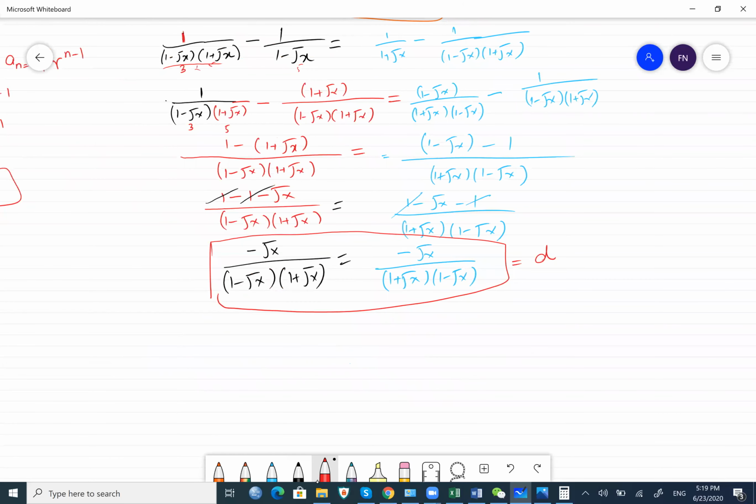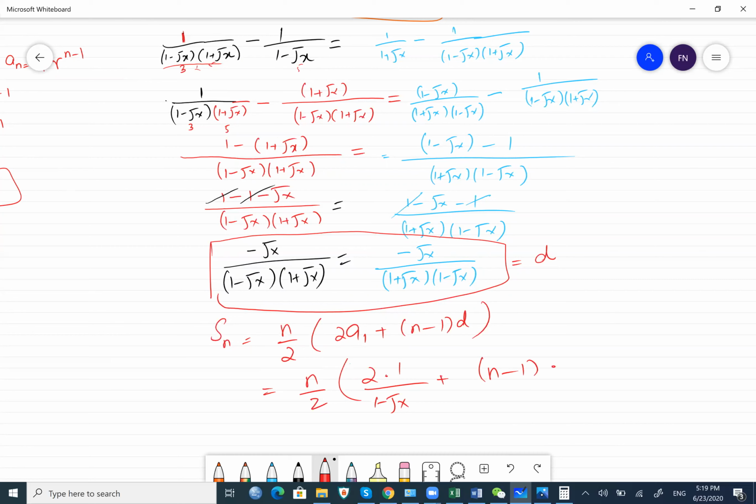The sum formula is Sn is n by 2, 2a1 plus n minus 1 times d. Here n is n divided by 2, a1 is 1 over 1 minus square root of x, plus n is n.